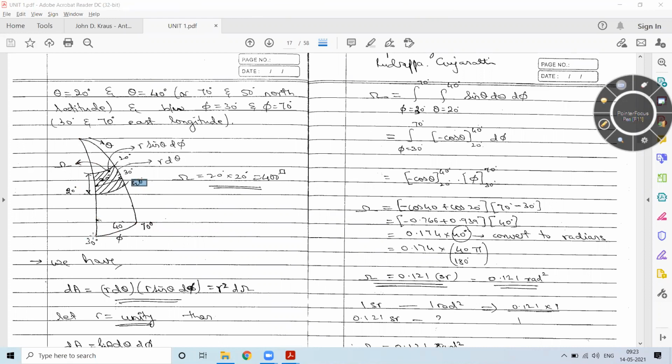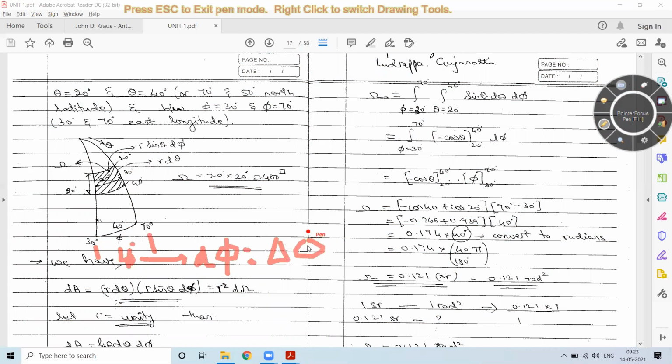Now here I cannot directly consider the theta values for the calculation. Here I know what d phi is. If you observe, the difference between these two is 40 degrees, which is nothing but the d phi value. Sometimes we note it as delta phi.